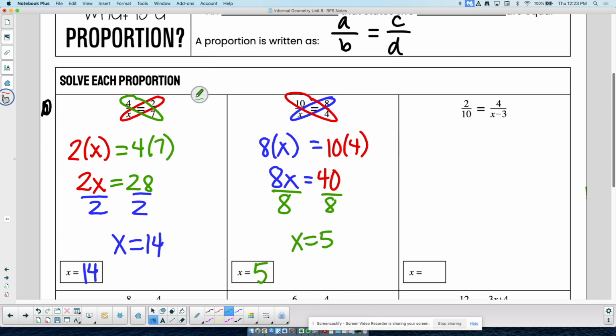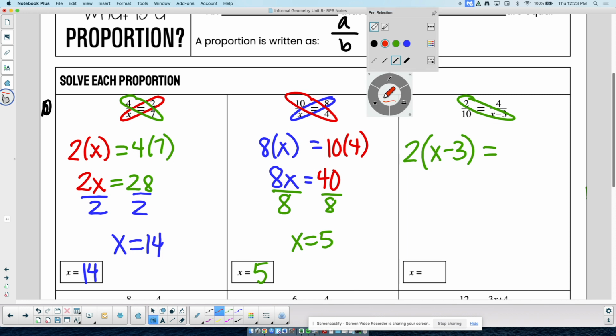So we'll do this one together because it's a little different. Same thing here. It doesn't matter which one you put first or second. I'm going to go with whatever one has the variable first, but it doesn't make a difference. So 2 times that whole thing in parentheses, x minus 3, is equal to 10 times 4. Now again, we simplify.